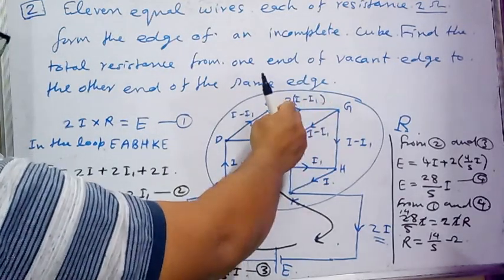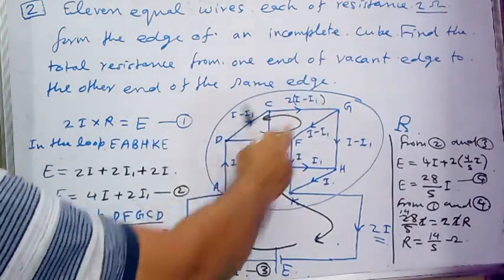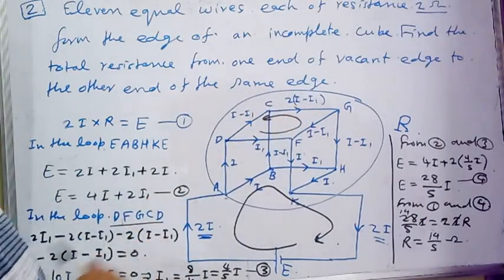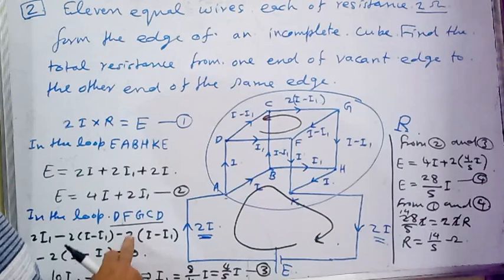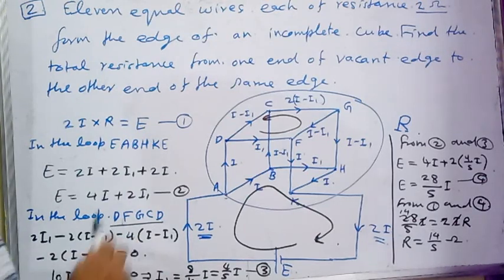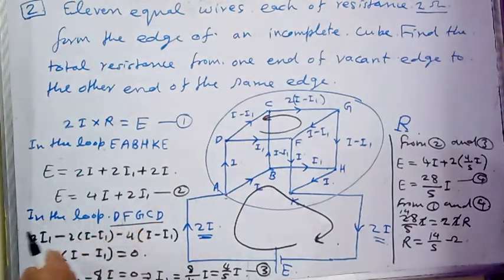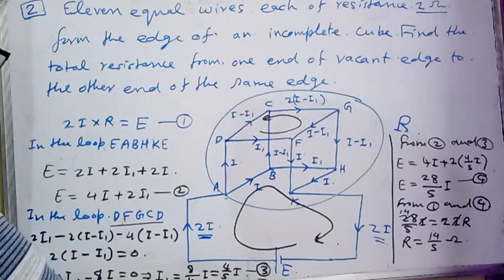Again we are moving opposite to this resistance, minus 2 into I minus I1. This is going to be 4 into I minus I1. If you solve this equation, you will get the relation 10I1 minus 8I is equal to 0. So the value of I1 is going to be 8 by 10 into I, or I1 is 4 by 5 into I. This is equation number 3.